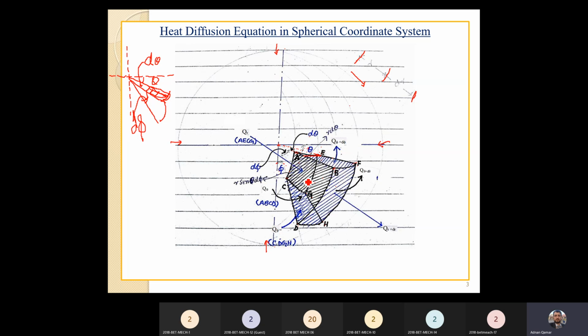So heat will enter from the left side and will leave from the right side after crossing the thickness d theta.